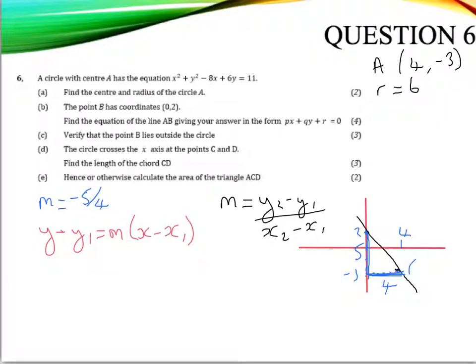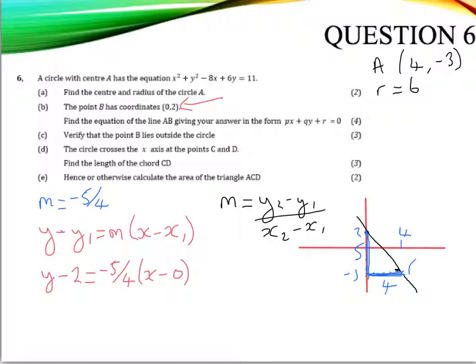We can use either of the coordinates. I'm going to go with this coordinate for b, simply because it's easy. I've got a 0 in there, so it just means there's less things going on. So if we put these numbers in, we've got y minus 2 equals minus 5 over 4 (x minus nothing).